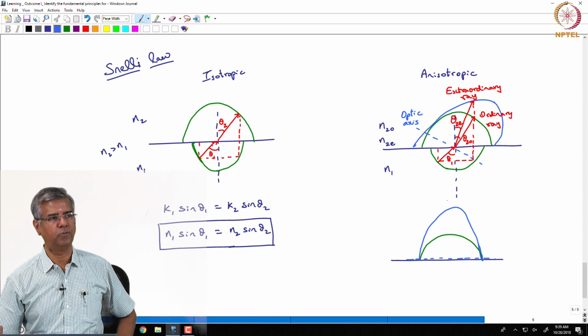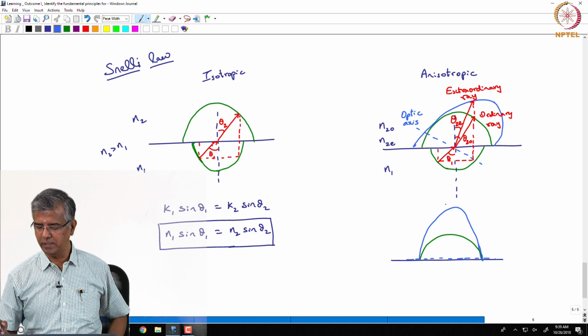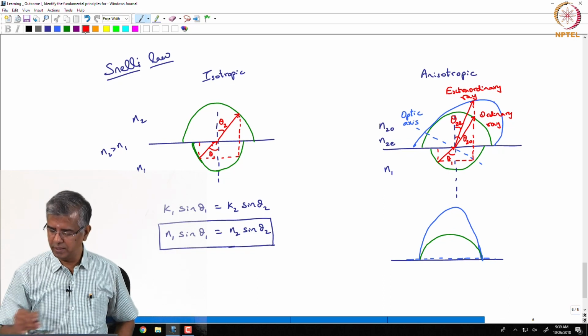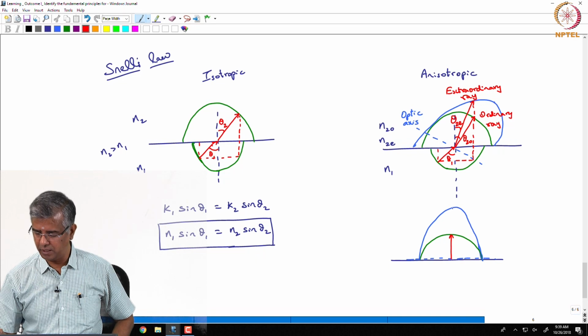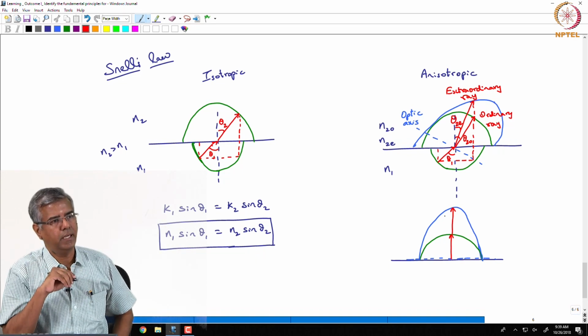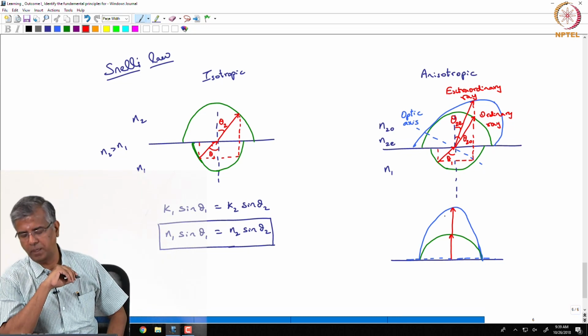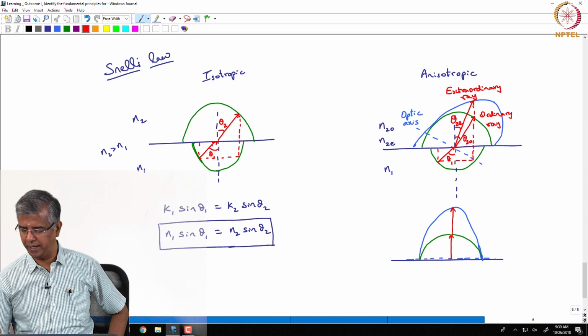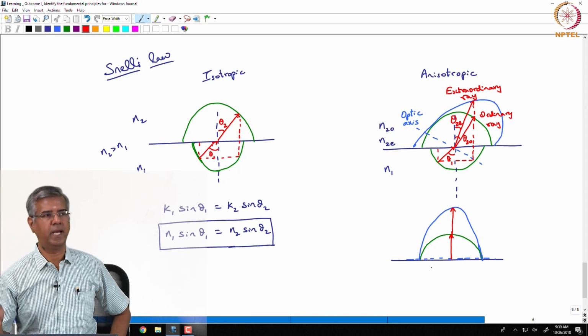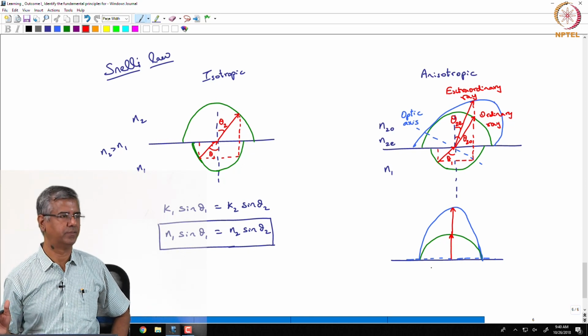It will see a different refractive index, but in this case, quite interestingly, if you look at a wave that is going straight down, if you have this condition, your extraordinary ray will be aligned with your ordinary ray.